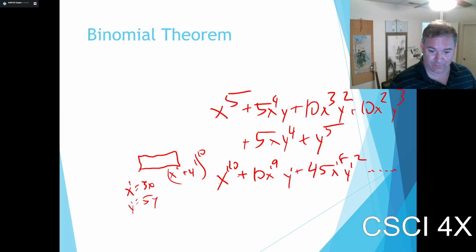So x prime is equal to 3x, so substitute that in. We put in 3x for x prime, take 3 to the 10th power, whatever number that is.